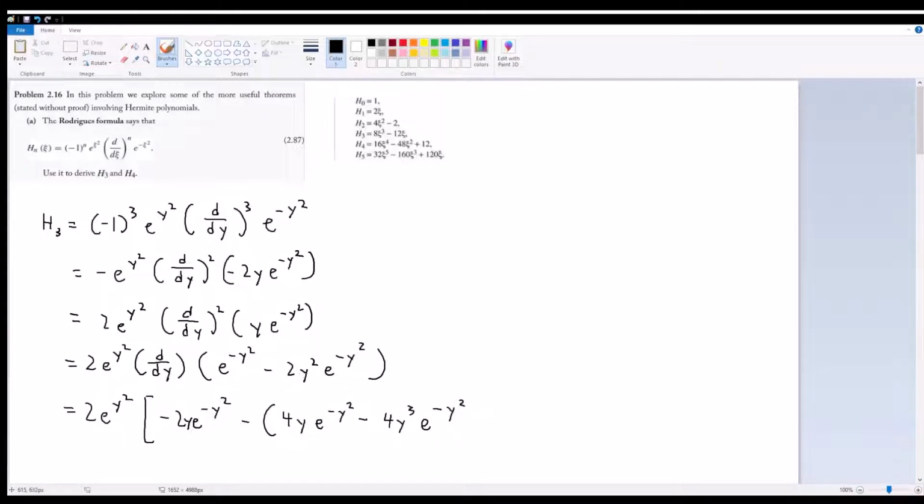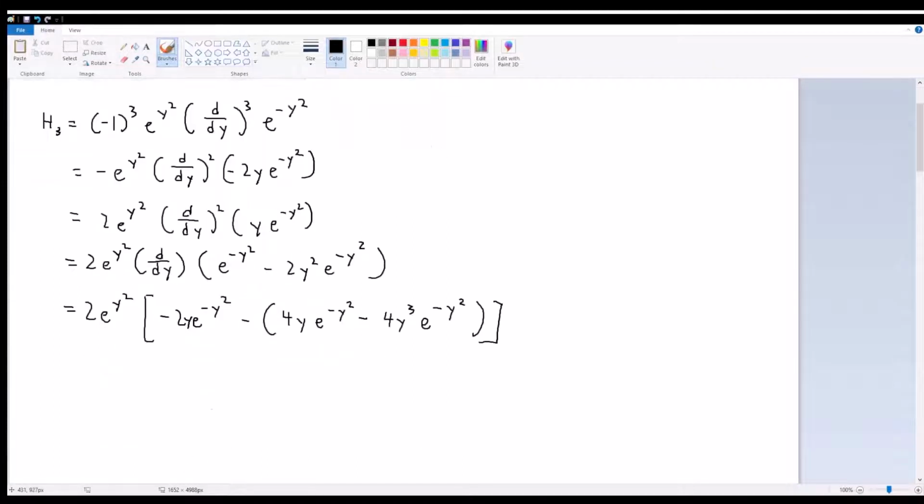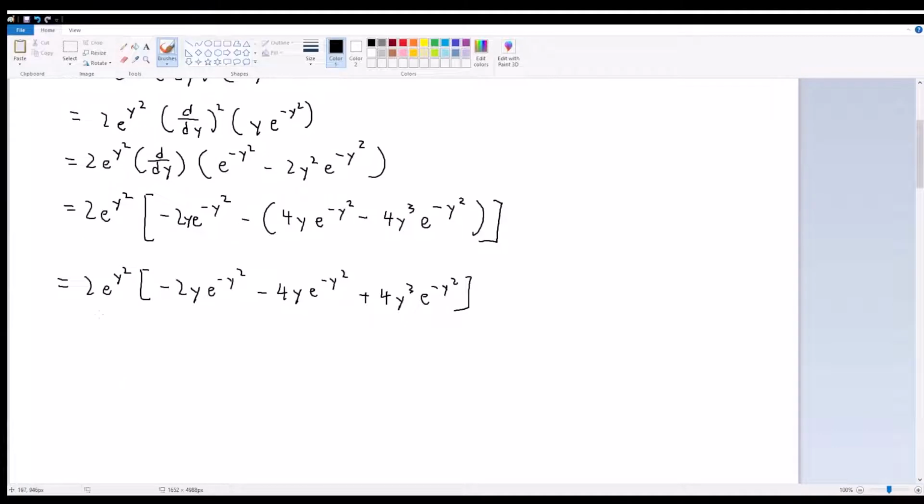Is that correct? Yes, it is. And then moving this down, this is going to give us 2e to the y squared times negative 2y e to the negative y squared minus 4y e to the negative y squared plus 4y cubed e to the negative y squared. And from this point, we can factor out the e's.